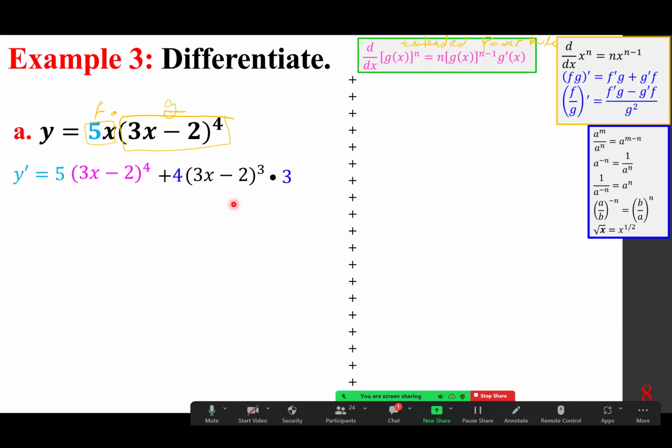So all of it is g prime times f, 5x. I'm going to put that at top so you can see we are dealing with f prime g plus g prime f.